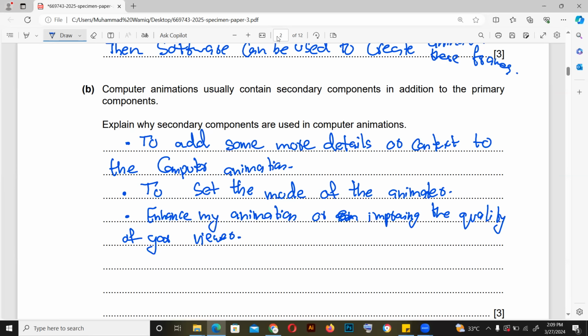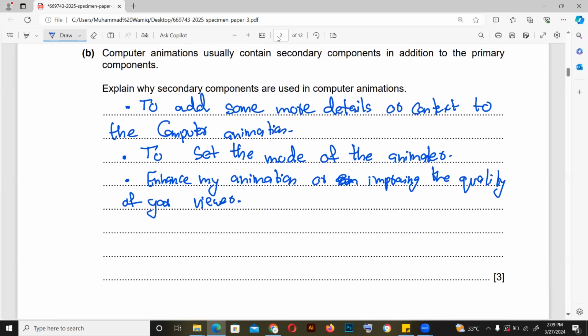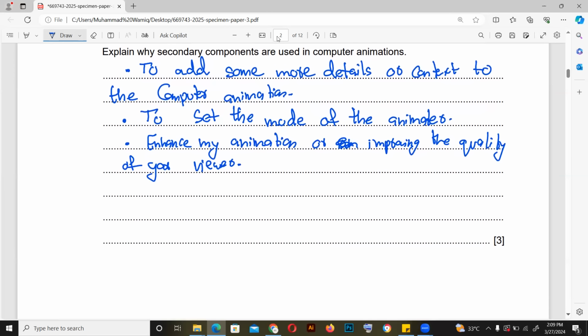This can be used. Even I can say that it can make the viewers focused on a small part of your animation. So you need to write here 3 points. So you can write these 3 points right here.